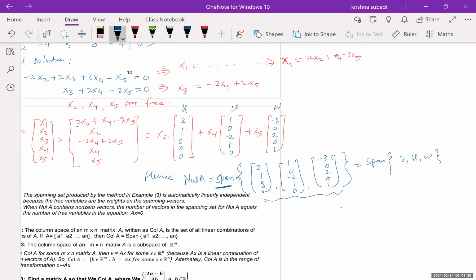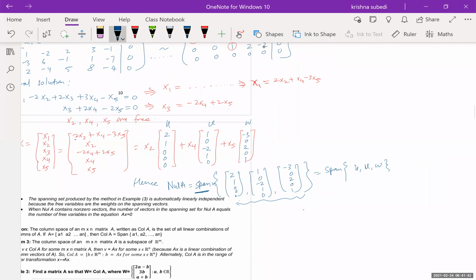Now I want you to observe one very important property. You see all these: U belongs to R5, V also belongs to R5, W also belongs to R5. So the combination of U, V, W also belongs to R5. So that means the null space is actually a subspace of R5.